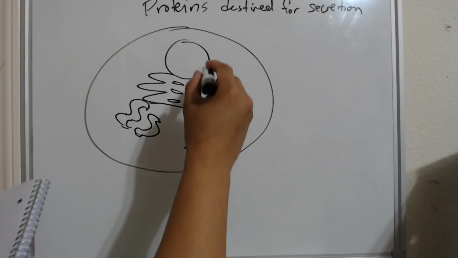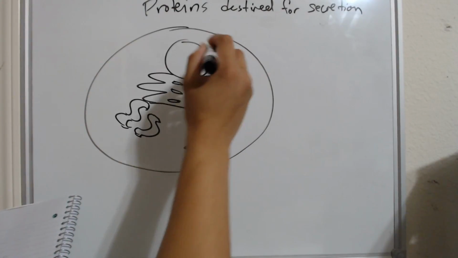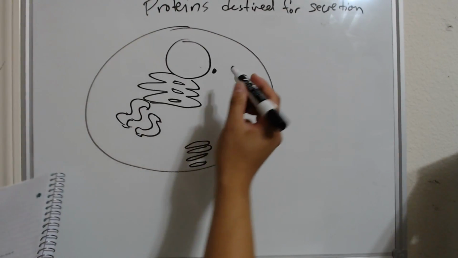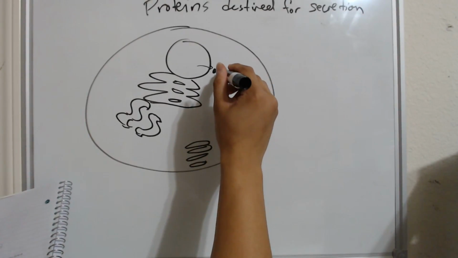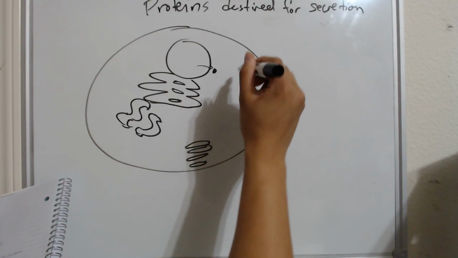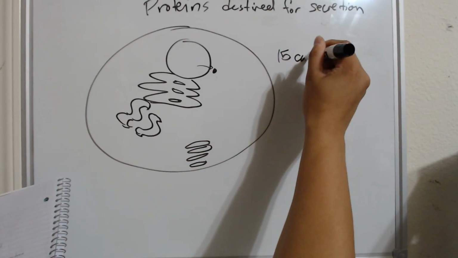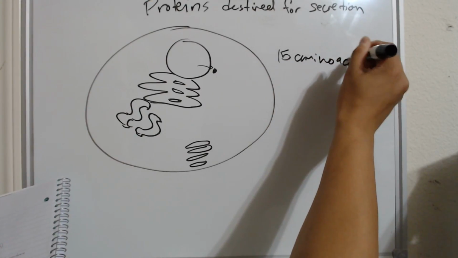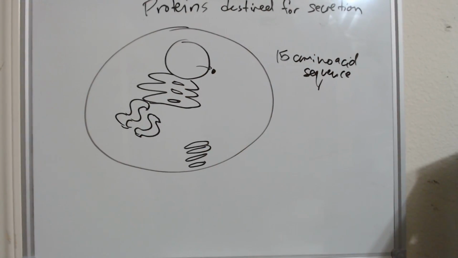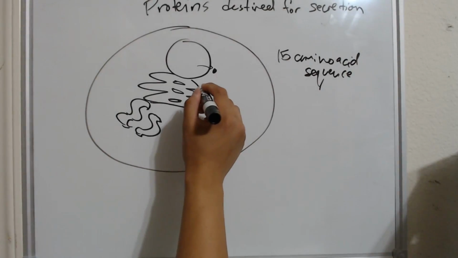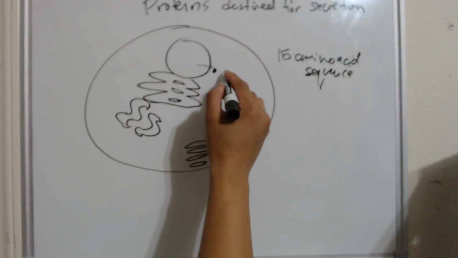Alright, so the first thing, here's a protein. It's not finished yet. The protein will come out of the nucleus and it'll wait there. Now on the protein there will be a 15 amino acid sequence. This is a recognition sequence, so that it will be grabbed by a protein that is sent out by the rough endoplasmic reticulum.